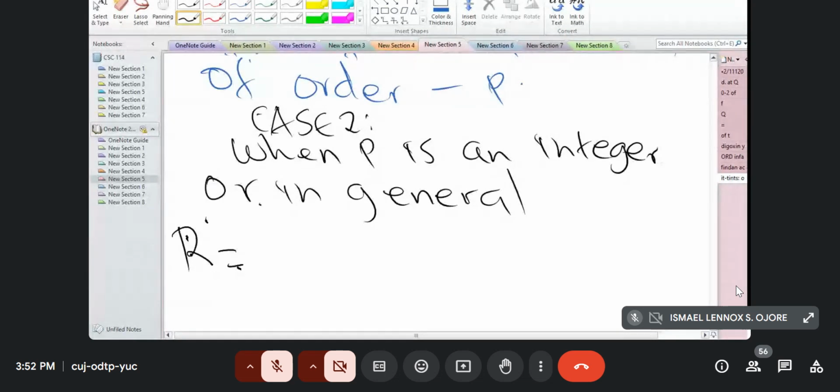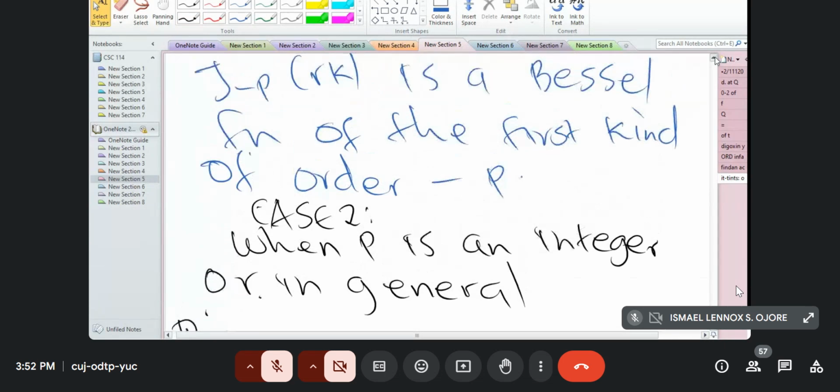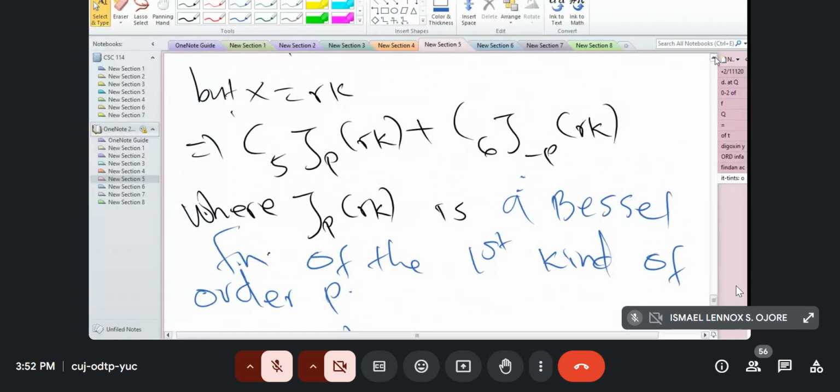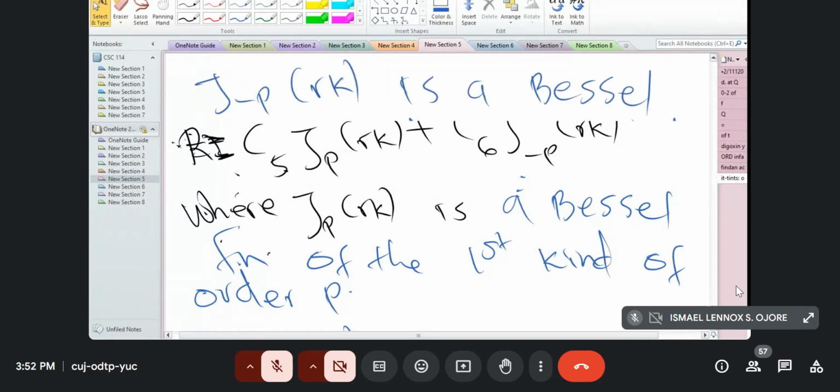I think I forgot to indicate that this is R, the solution capital R. We're trying to solve for capital R. R will be equal to C5 Jp of rk plus C6 J minus p of rk when p is not an integer.